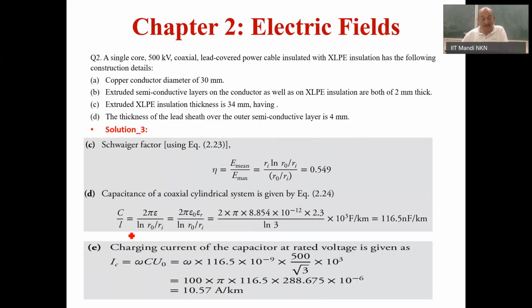U naught will be cancelled, so this can be worked out with this. Ultimately, Ri ln Ro by Ri upon Ro by Ri.